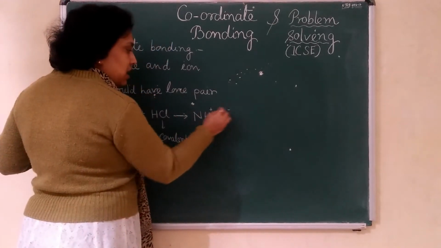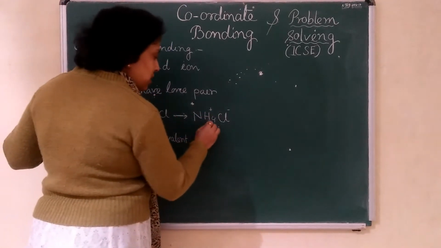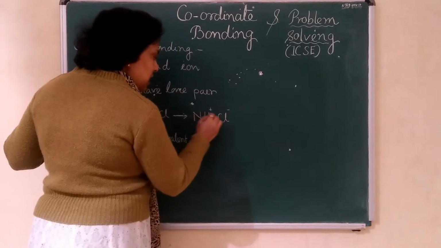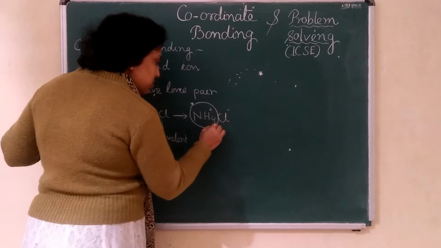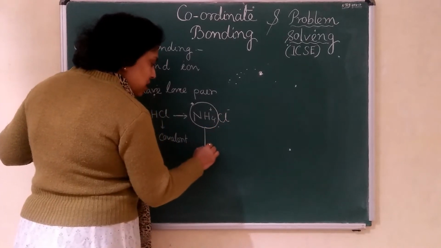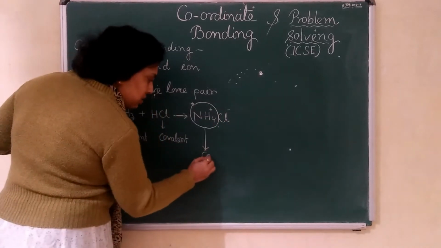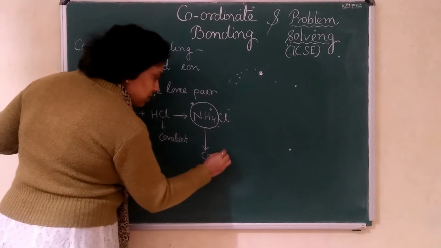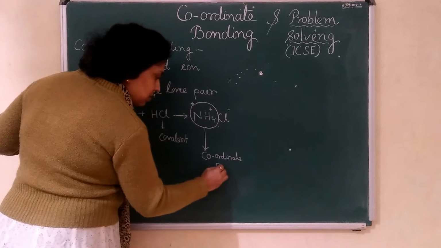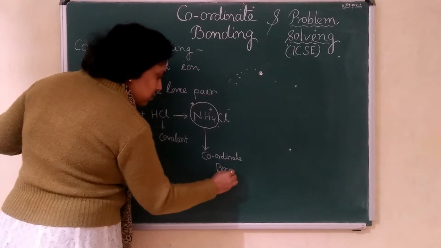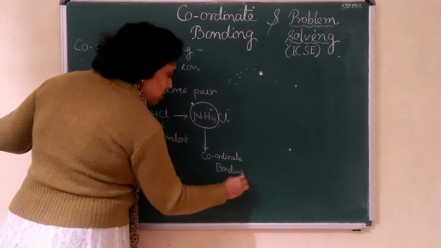See here, NH4 plus and Cl minus. Now this NH4 plus, how is it formed? That formation is done by coordinate bonding.